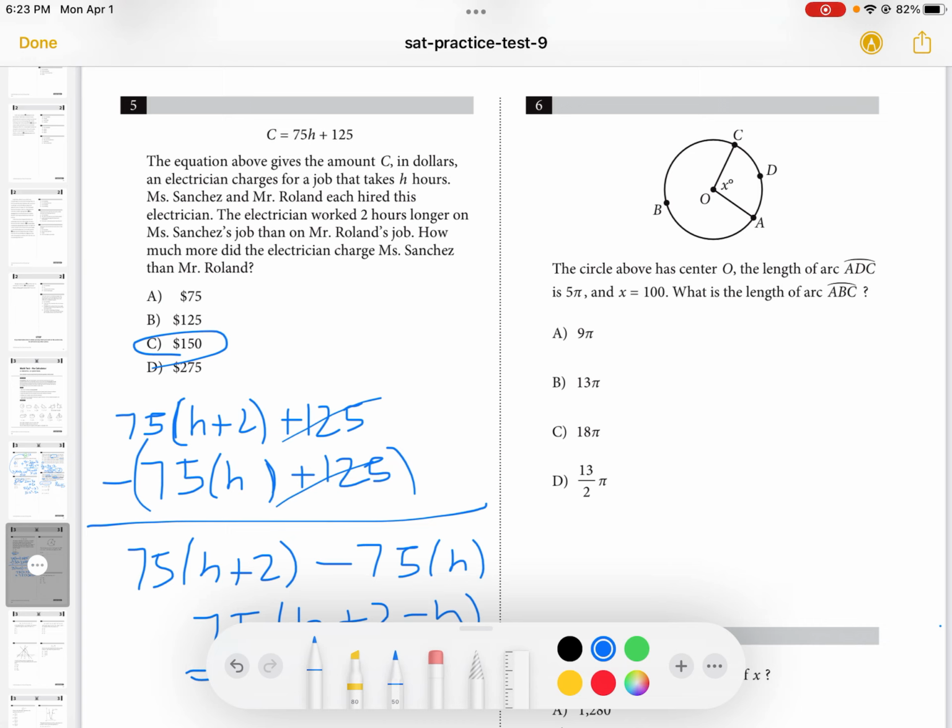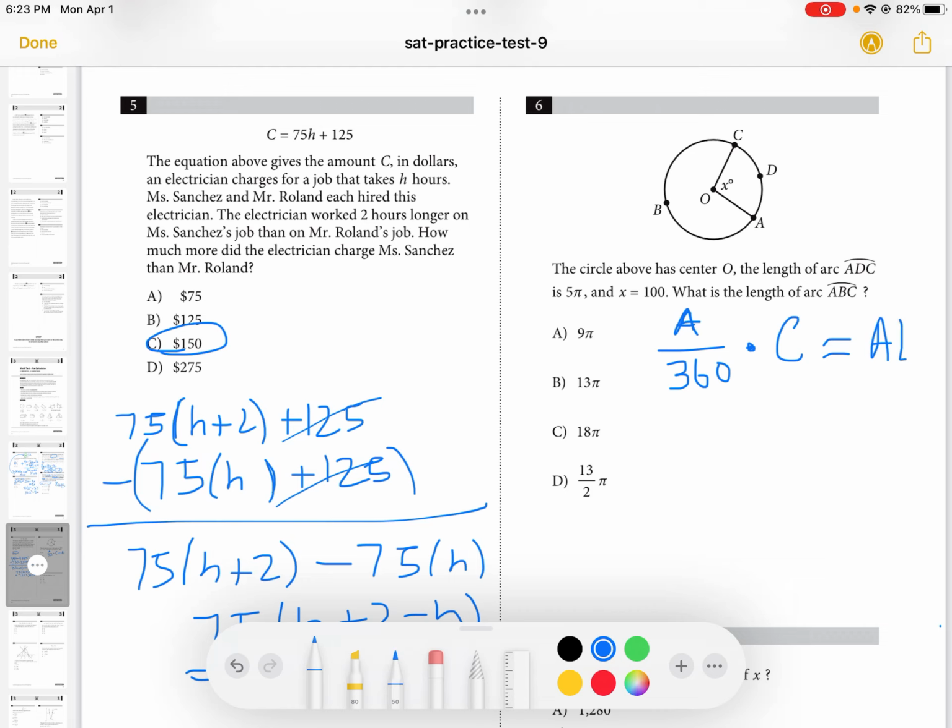So in order to find that, we have to find the circumference of the circle. Well, that's a really bad circle. We have to find the circumference of the circle here. And we know that the formula for finding the length of an arc, given the central angle that it connects, is the angle divided by 360 times the circumference of the circle is equal to the arc length.